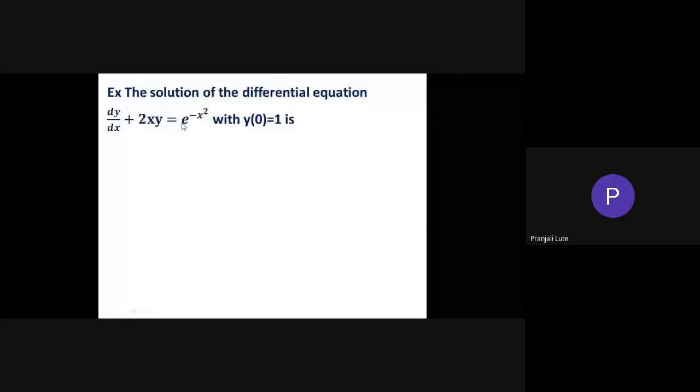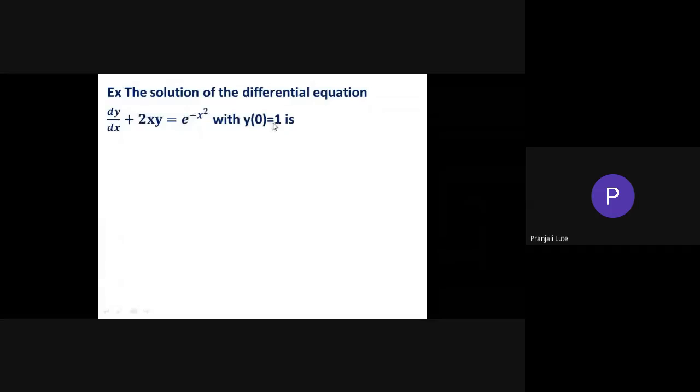So in this example, we observe that the right hand side is in terms of x, with y of 0 equal to 1. Again, this is an initial condition. What is the use of that initial condition? The use of that initial condition is to find out the value of constant c.